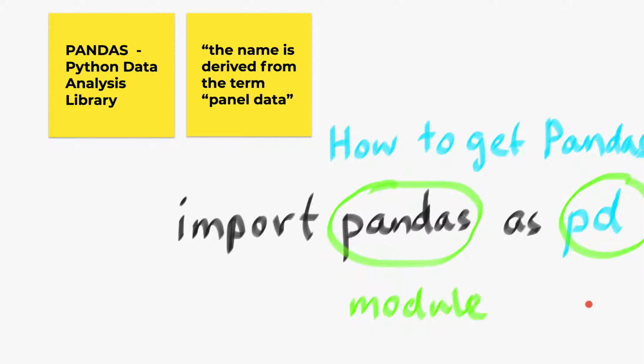Here in this example, I've given it as pd. If you go through examples on the internet, you will see that when they import pandas, they use pd as the nickname. You can call it your own name, it doesn't really matter. But this format, import pandas as pd, is important to get pandas into your environment.